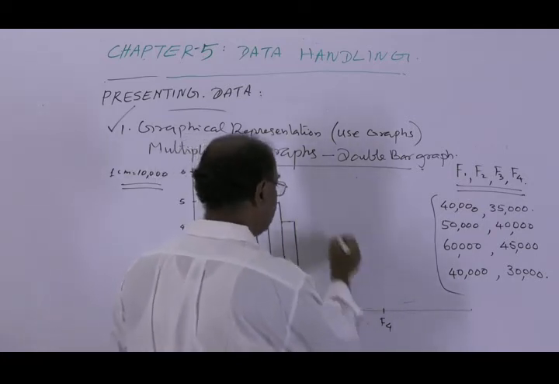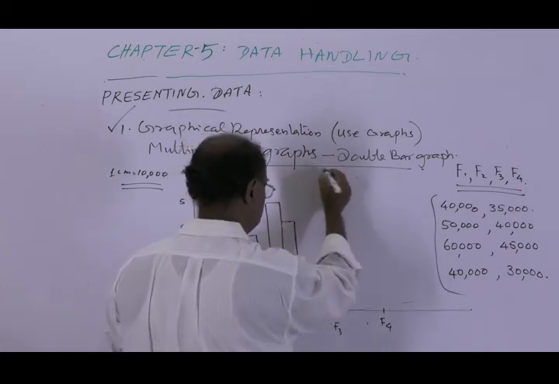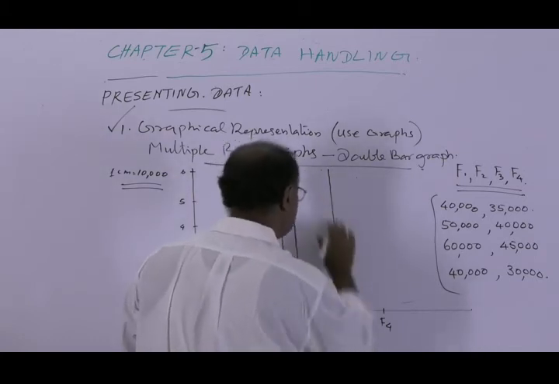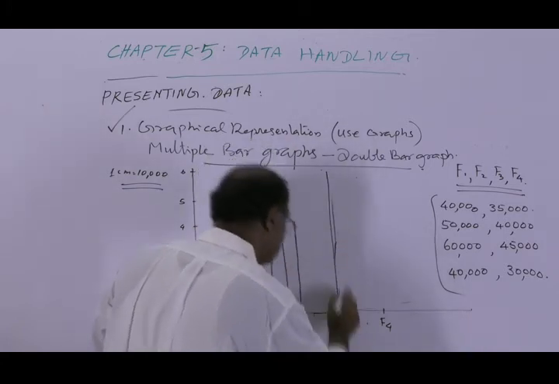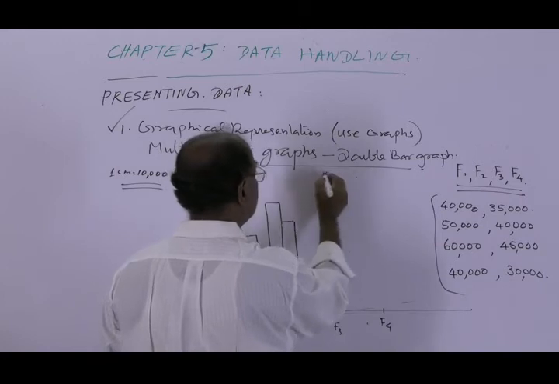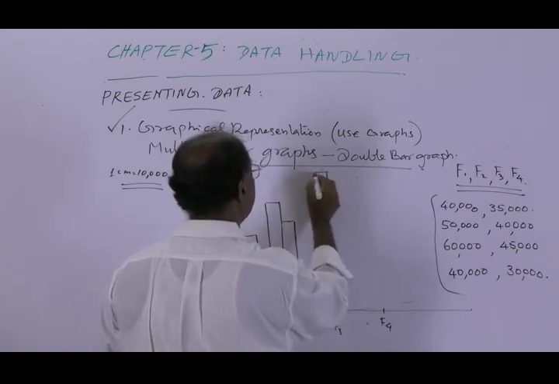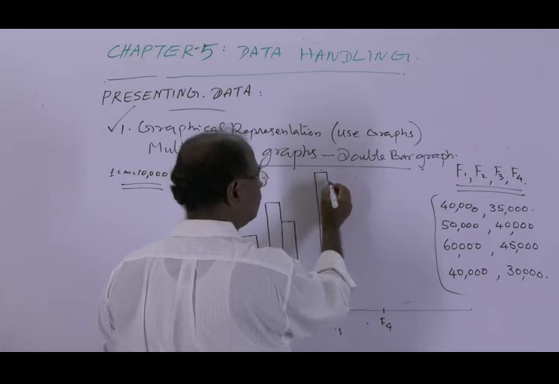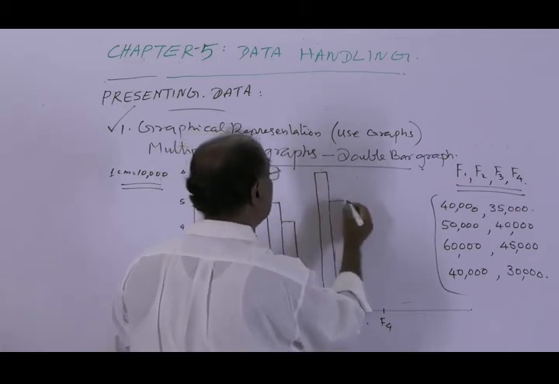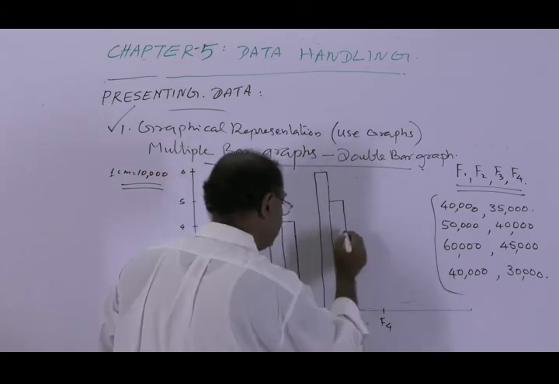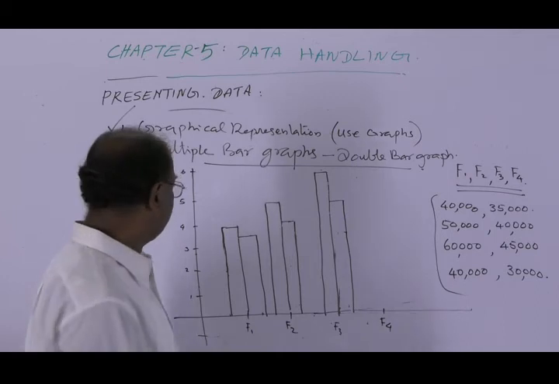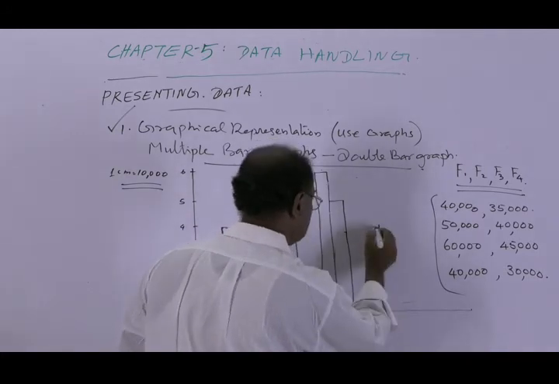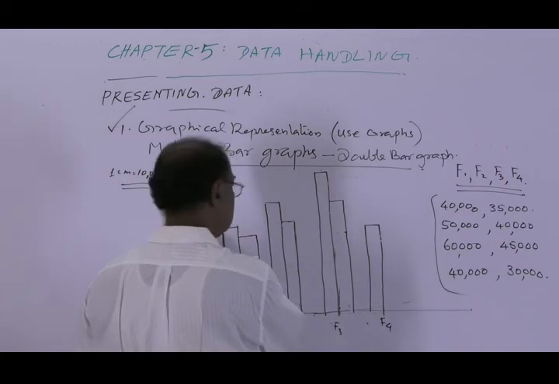And for family 3, income 60,000, same width, then expense 45,000. Then F4, 40,000 and then 30,000.